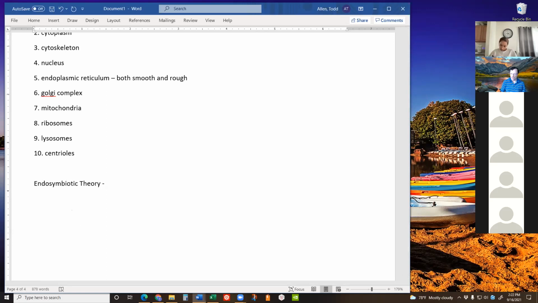This is a theory which attempts to explain the origin of eukaryotic cells from prokaryotic cells. Nobody, I don't care who it is, if they say, I know how a prokaryotic cell evolved on the face of the planet, they're lying to you.